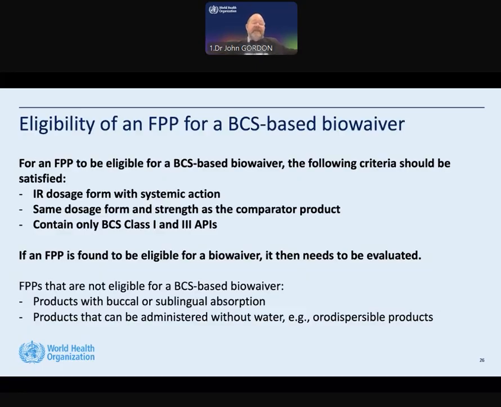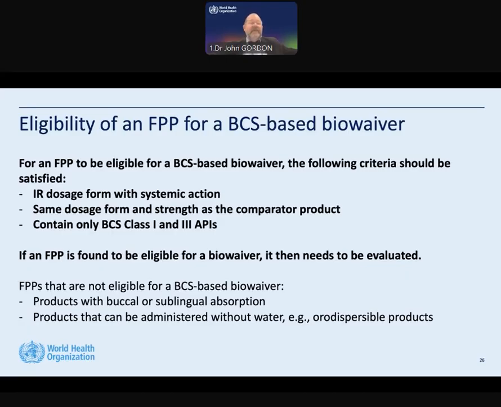So let's look at the eligibility of an FPP for a BCS-based biowaiver. Now that we've been talking about classification of the APIs within the BCS, let's look at the BCS-based biowaiver. So for an FPP, or a finished pharmaceutical product, to be eligible for BCS-based biowaiver, the following criteria should be satisfied, according to the guideline. First of all, it has to be an IR dosage form, an immediate release dosage form with systemic action.